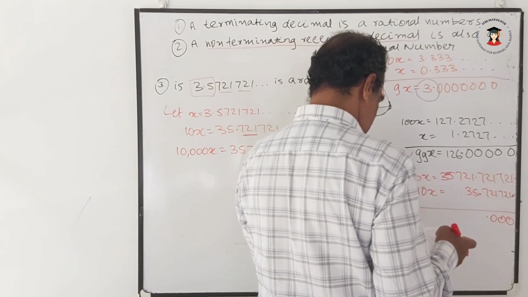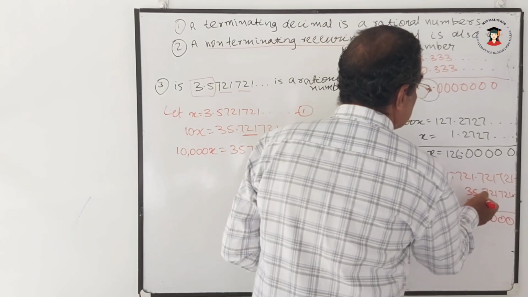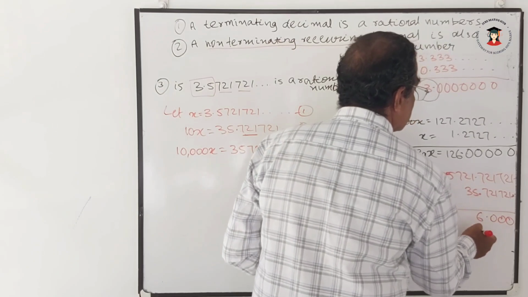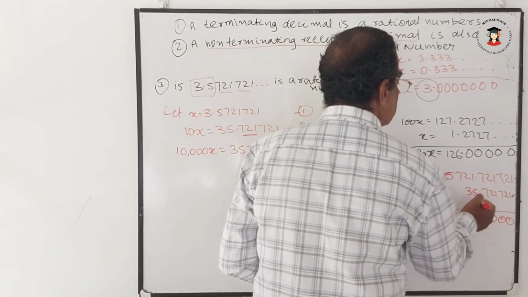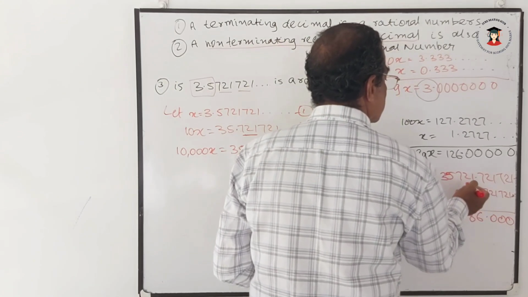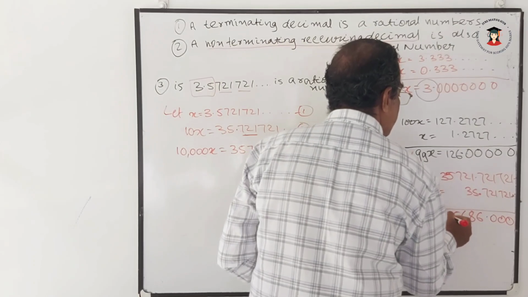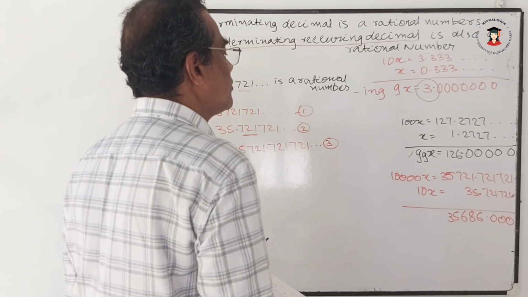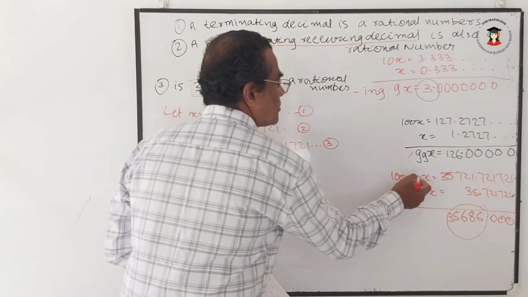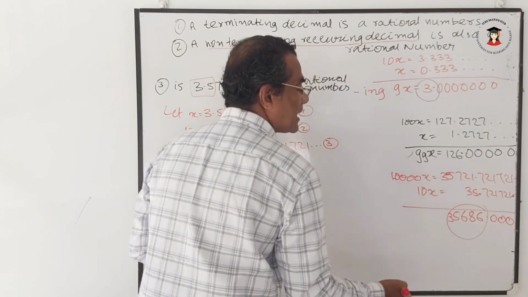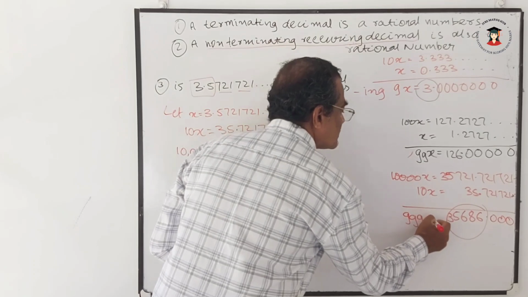That will be obtained as 35686. So eventually I got an integer. And what about this 10,000x minus 10x? That is 9,990x.